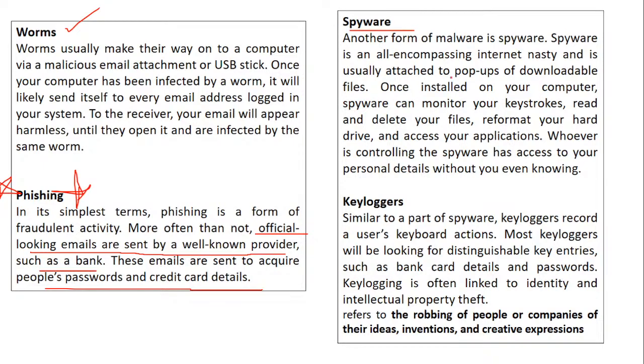Spyware. Now this is another form of malware. Spyware is an all-encompassing internet nasty, usually attached to pop-ups or downloadable files, that is, files which pop up as downloadable files. Once we install it on our computer, spyware can monitor your keystrokes, read and delete your files, reformat your hard drive and access your applications.